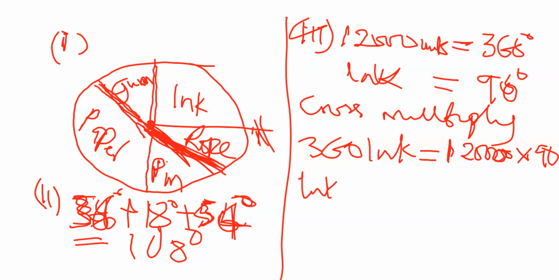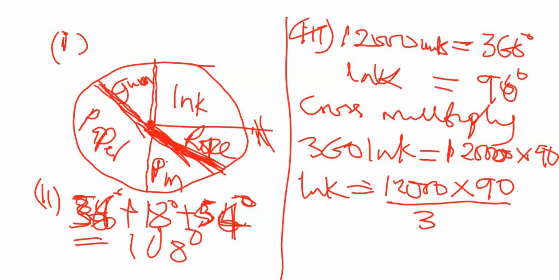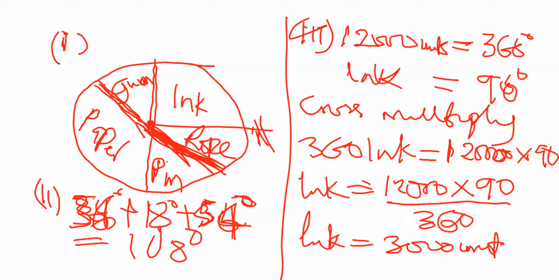Ink will be equal to 12,000 units times 90 divided by 360 degrees. Then ink will now be 3,000 units. So ink will require 3,000 units.